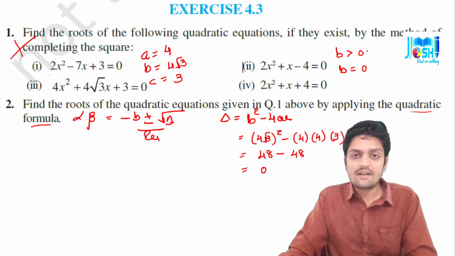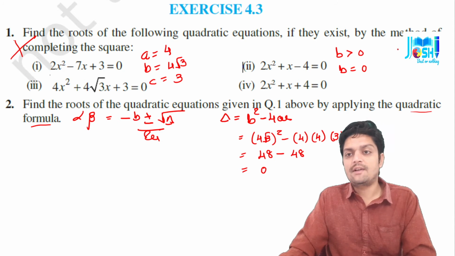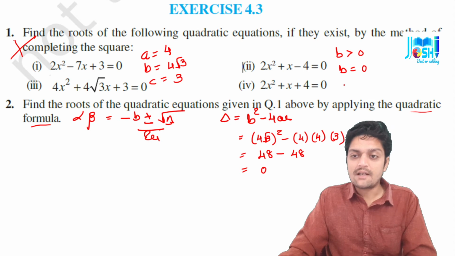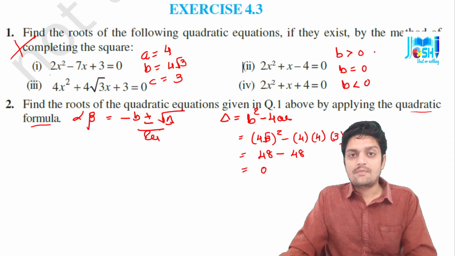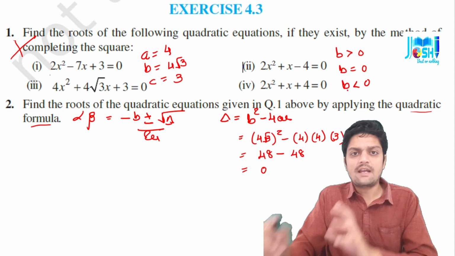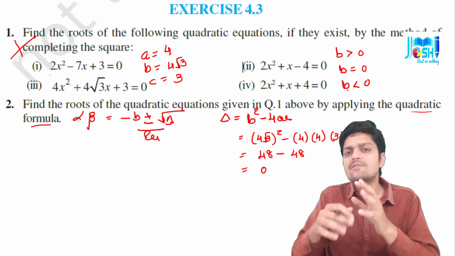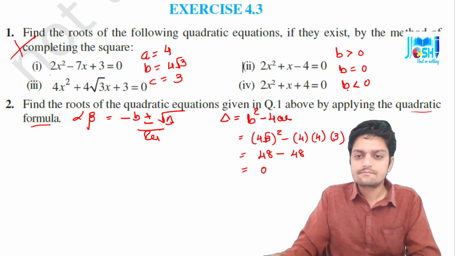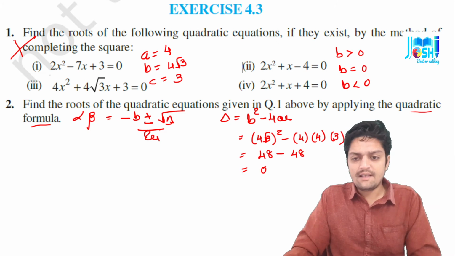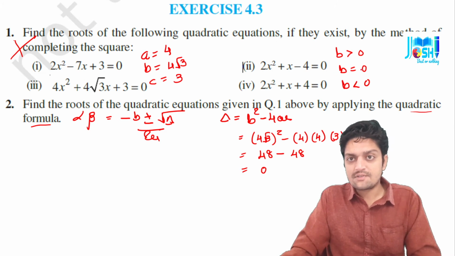In your textbook it is written as two distinct solutions. If delta is equal to 0, you will get two roots and both roots will be the same. If delta is less than 0, then roots do not exist, which means in practical life you cannot get a solution. Because here it is 0, you will get two same roots.